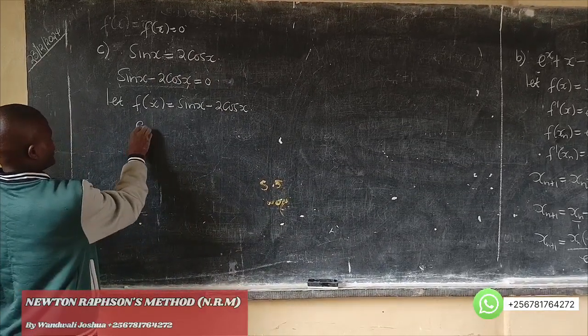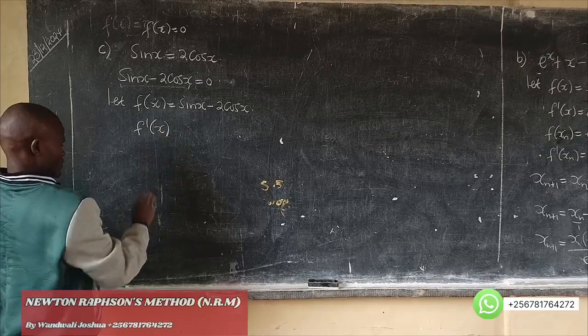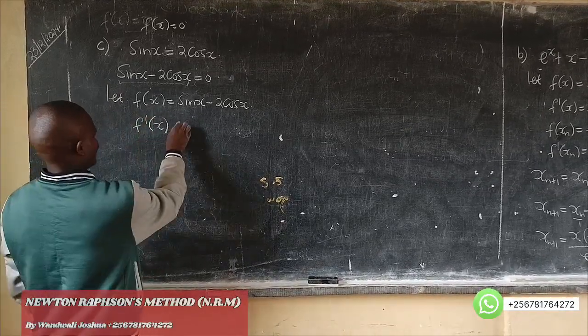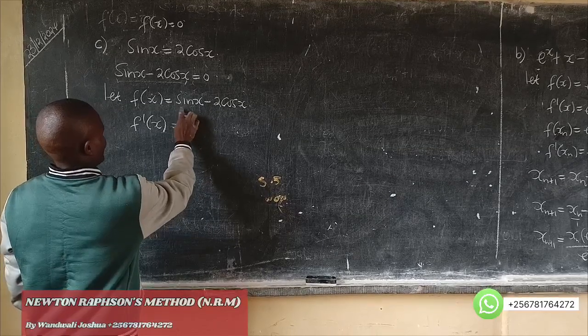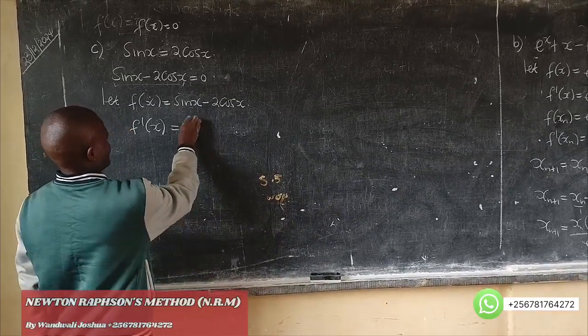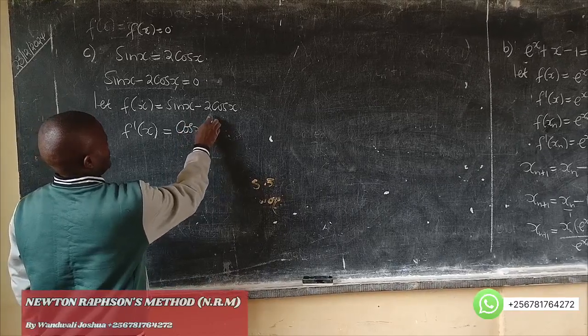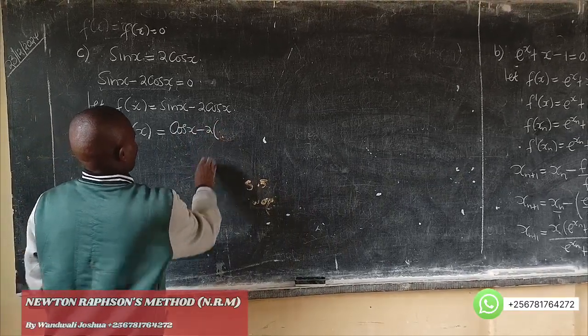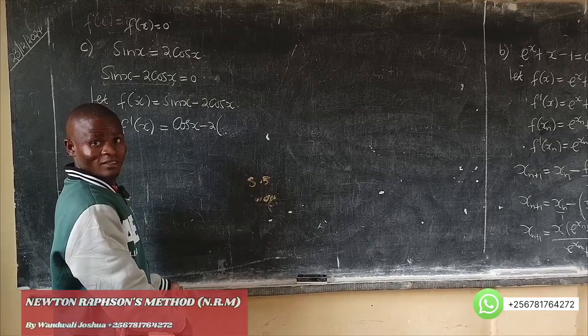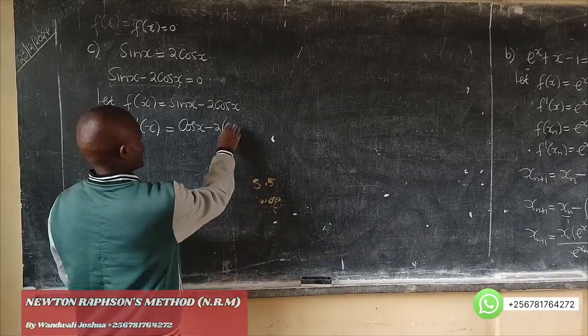Okay, now we obtain the first derivative. Immediately you write the function, this will give me, when I differentiate sine of x, positive cosine of x. So this is cos of x minus 2. When I differentiate cosine of x, I get negative sine of x.